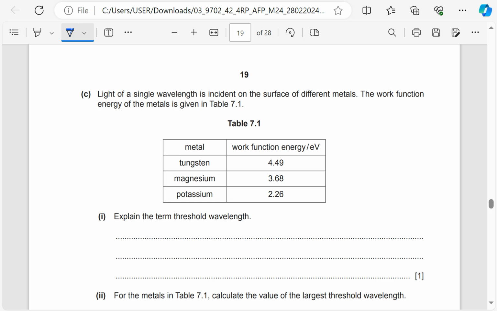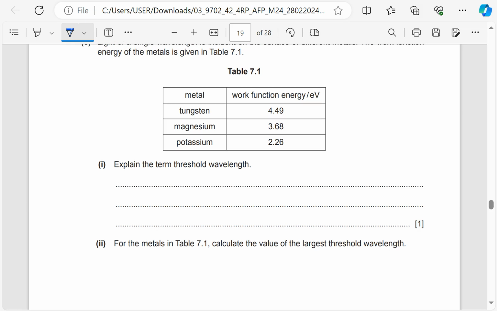Light of a single wavelength is incident on the surface of different metals. The work function energy of the metals is given in the table. Explain the term threshold wavelength. Remember, threshold frequency was the minimum frequency. So the threshold wavelength is the opposite, the maximum wavelength.